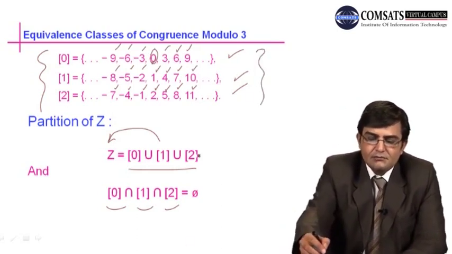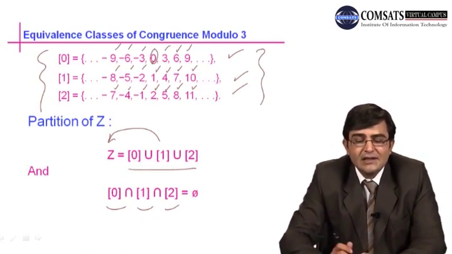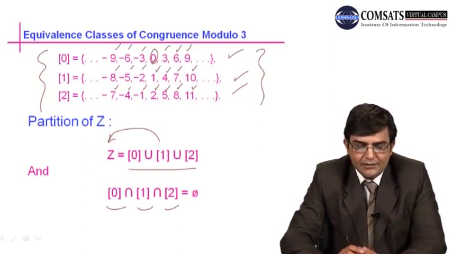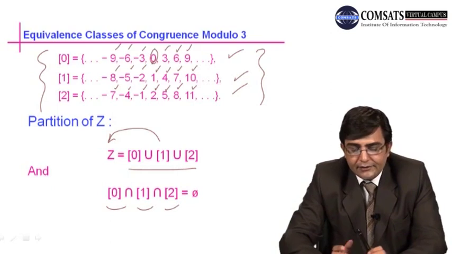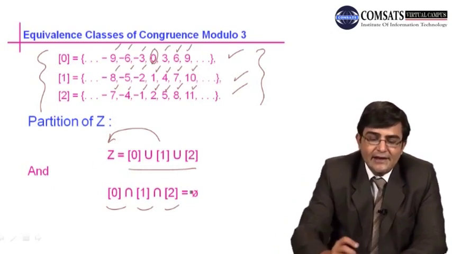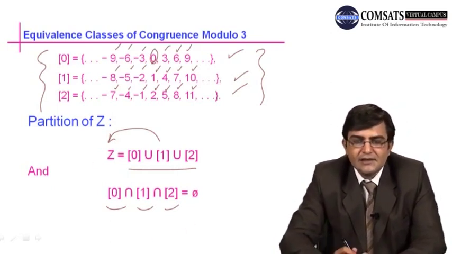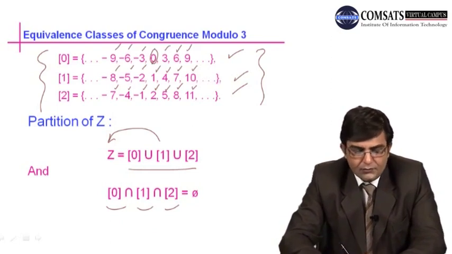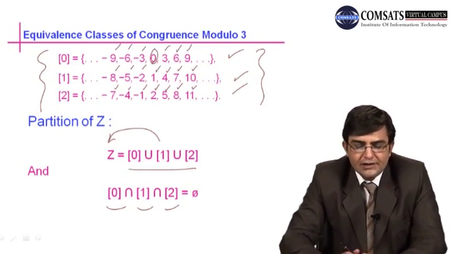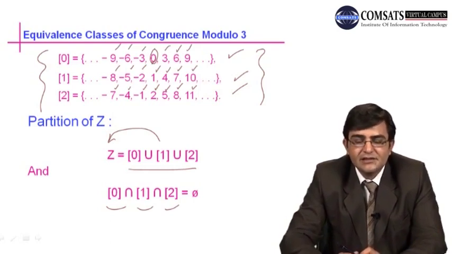These three sets form a partition of Z, the set of integers, as their union is Z and the intersection of any two classes is empty. So the congruence modulo 3 relation has partitioned the set Z of integers.